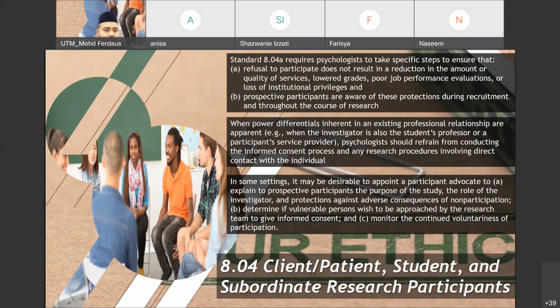Say for example, they don't want to join as participants, then they can no longer have the bonus, or they can no longer have a medical benefit and so on.